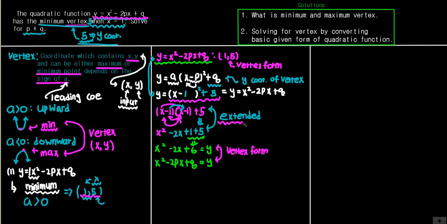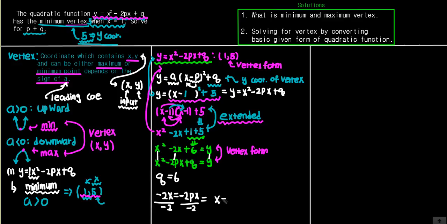Then we expand that format to get our original form, which is exactly the same as the form given at first. Now all we have to do is compare them to find the values. The y's are the same, and 6 and q should be the same, so we got q equals 6. Then x squared is the same, and negative 2x should be the same as negative 2px. All you have to do is divide both sides by negative 2.